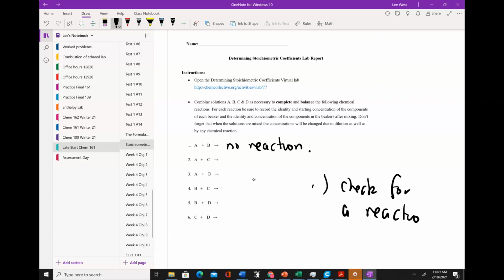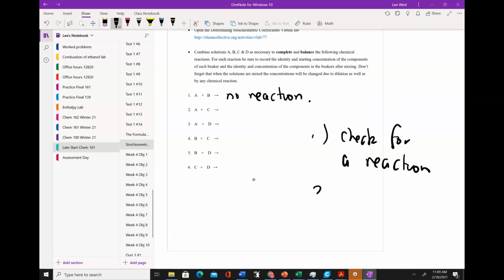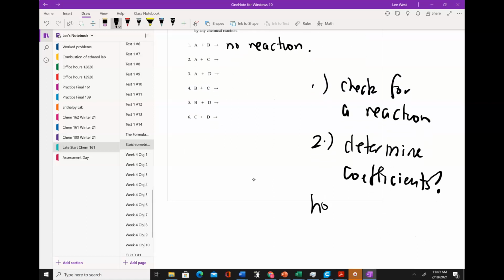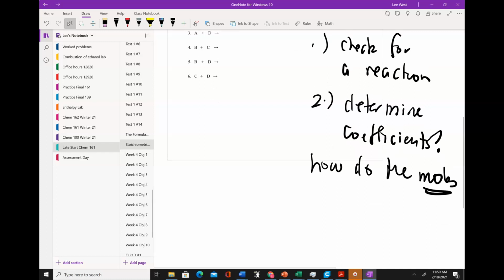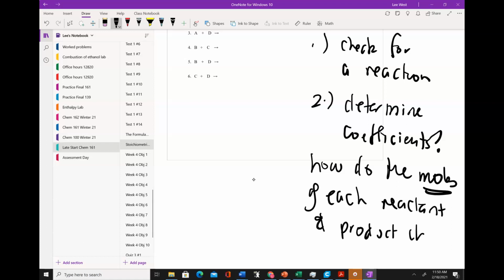And then you want to move on and determine the coefficients, right? And how you're going to do that is by figuring out how the moles, not the molarity, but the moles of each reactant and product change.